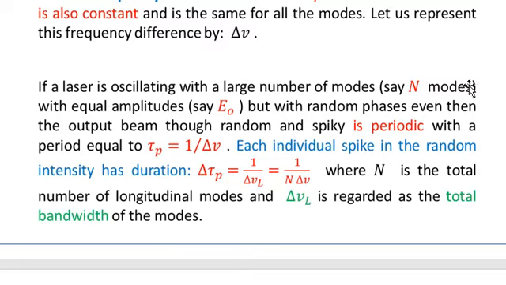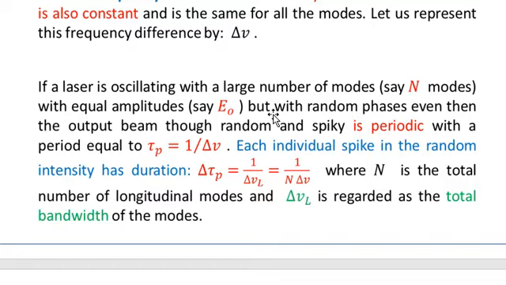So you see that here we are assuming that n longitudinal modes are oscillating in the laser cavity, and each mode is separated by a frequency equal to delta nu, and each mode has a constant amplitude equal to E naught. That is, if there are n modes, then each of the n modes has an amplitude equal to E naught.